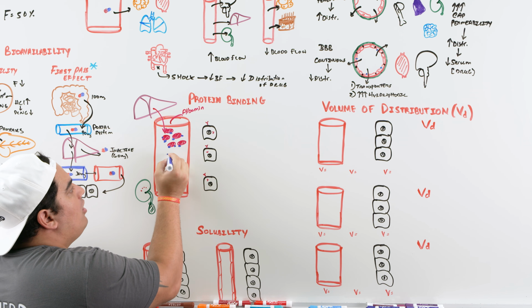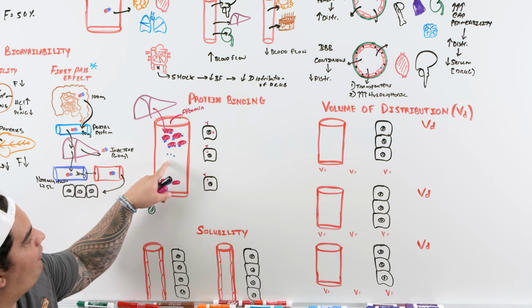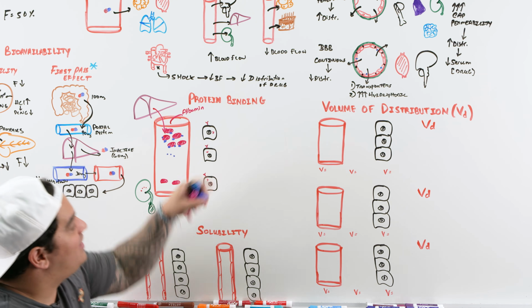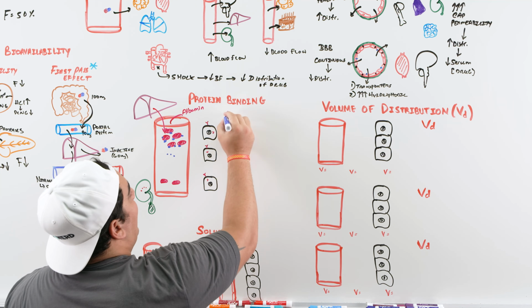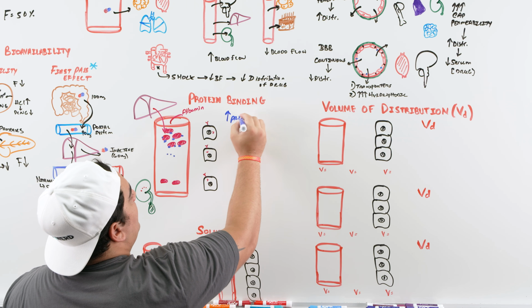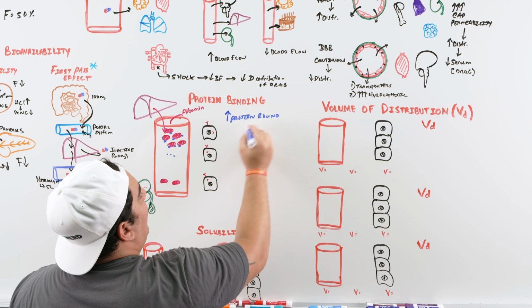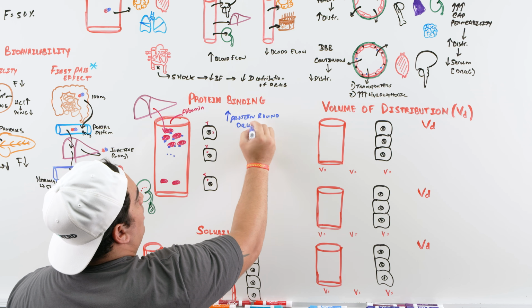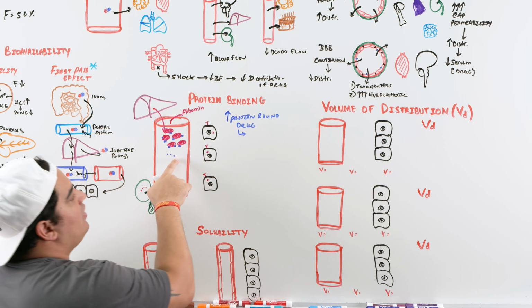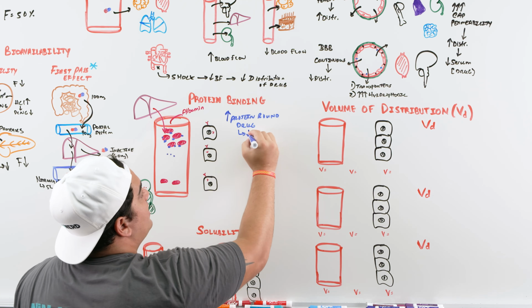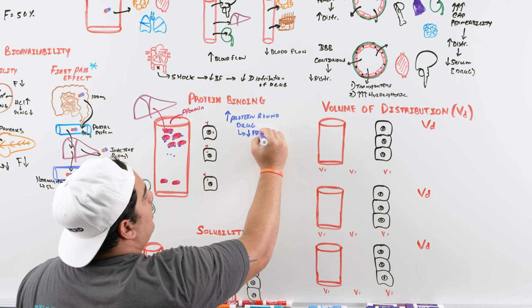That means that the amount of drug that's actually free, not bound to protein, is very low. So in situations when you have a high protein bound drug, so high plasma protein bound drug, what happens to the actual amount of free drug then? There is a decrease in free drug.